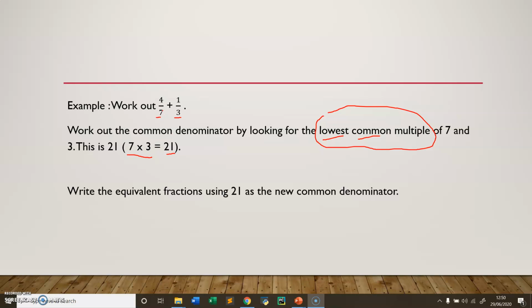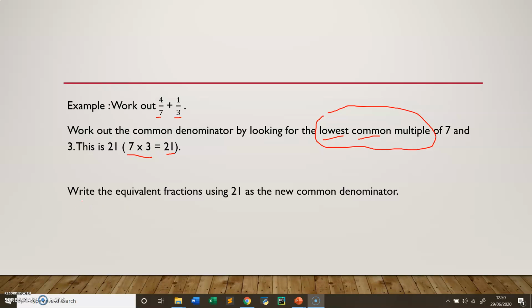The multiple of 7 would be 1 times 7, and this is the only multiple, and for 3 it would be 1 times 3. If you can't find anything, the best way to work out the lowest common multiple is to multiply both numbers together, so that would be 7 times 3, which is 21. So this is our lowest common multiple.